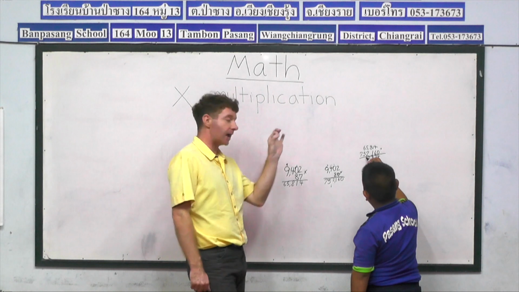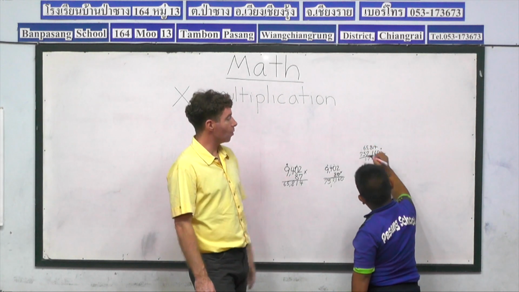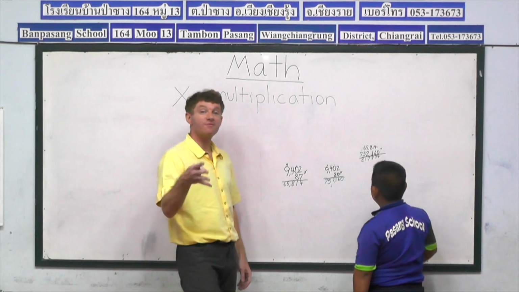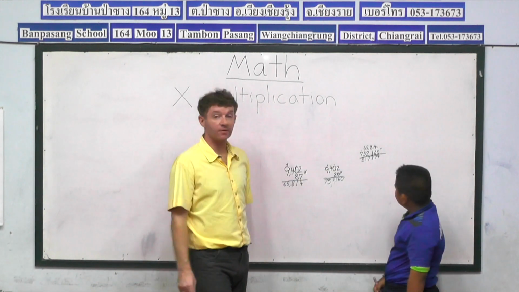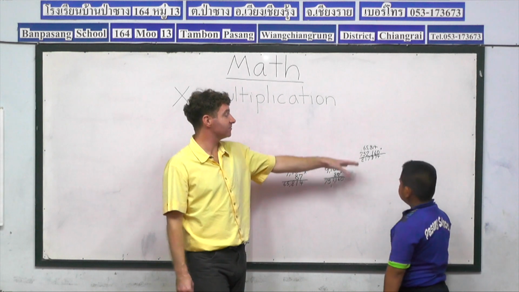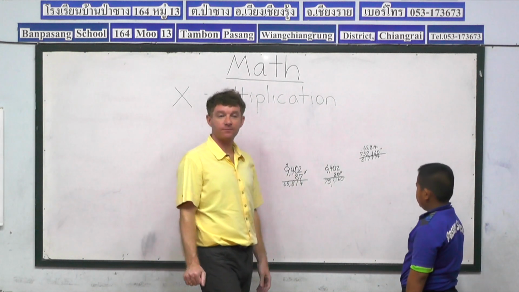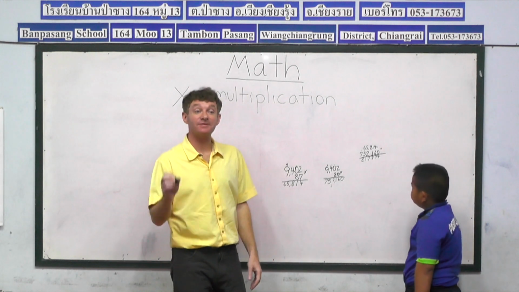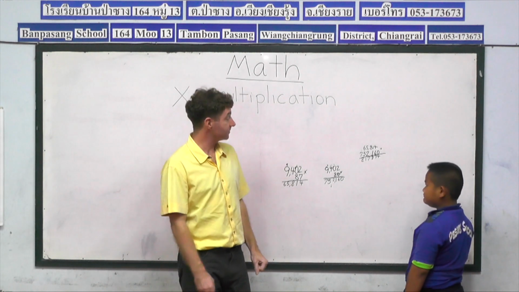Write the 1, carry the 1. 1 plus 7 equals 8. So we have our answer. 817,974 is our final answer.